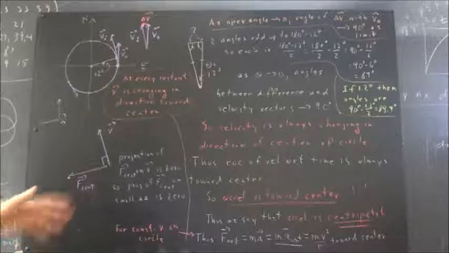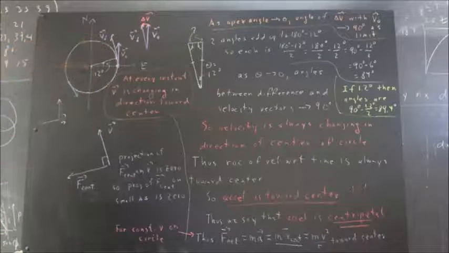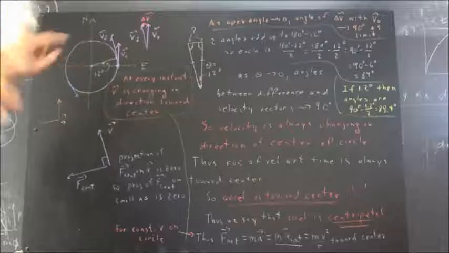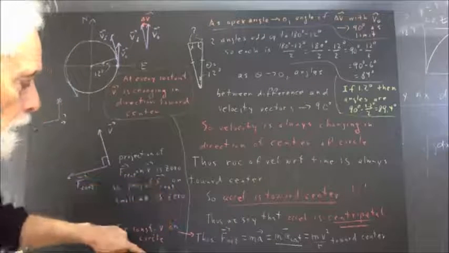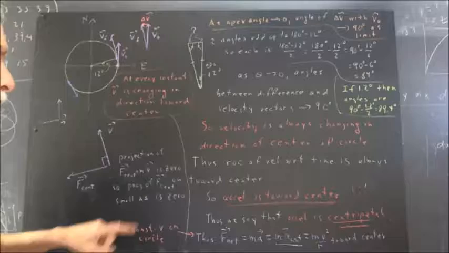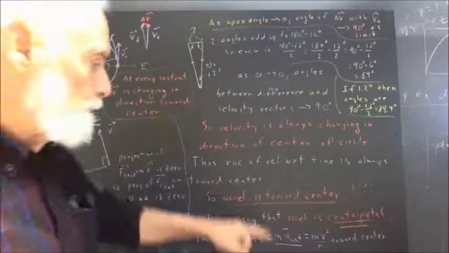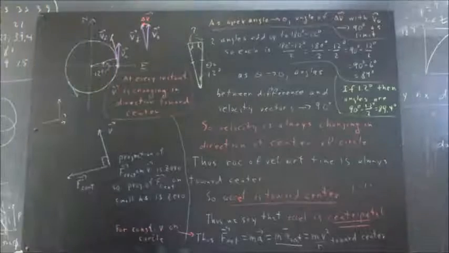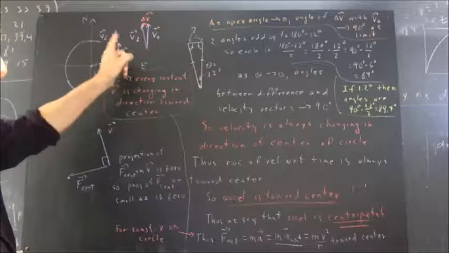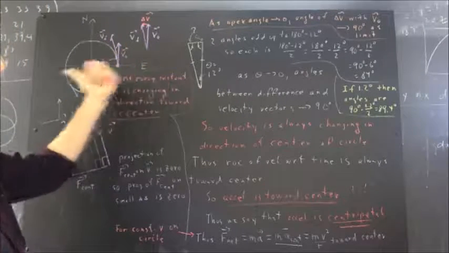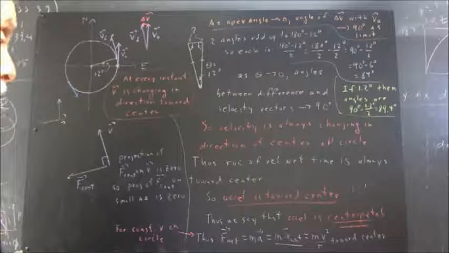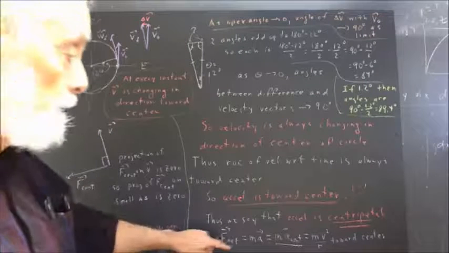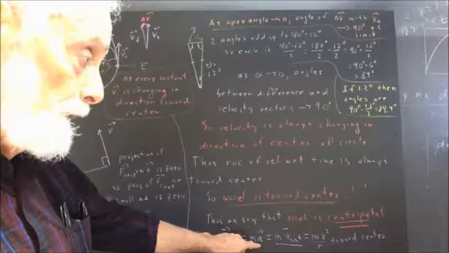It then follows that under the conditions of this problem, which entail constant velocity on a circle, the acceleration is equal to the centripetal acceleration. There's no acceleration in the direction of motion, only the centripetal acceleration perpendicular to the direction of motion, so our net force is our mass times our acceleration.